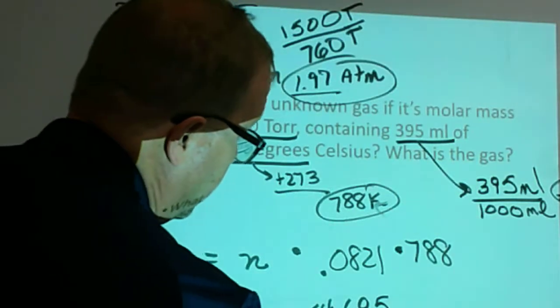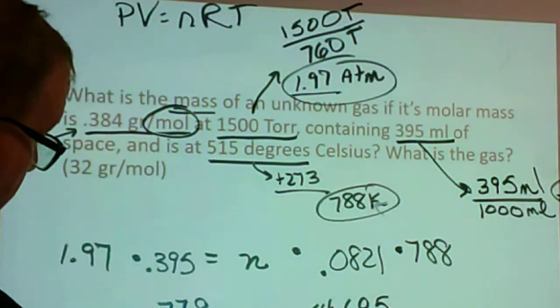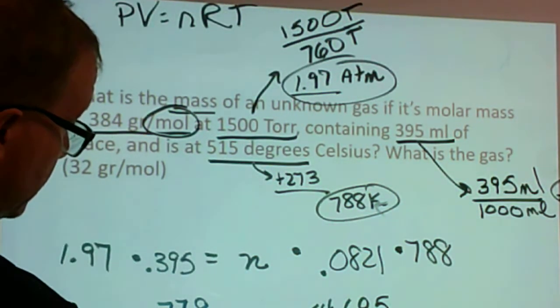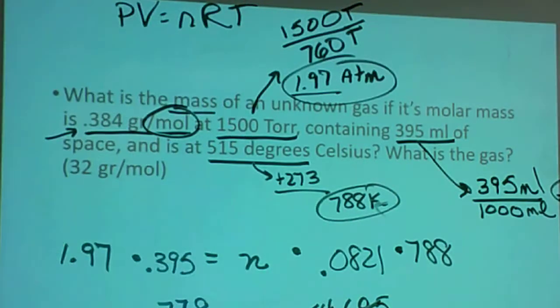And now we're just going to solve out the last part using algebra. What we have for our number of moles is 0.778 divided by 64.695. And I got 0.012 moles. Now with this one, it's kind of a clever setup.